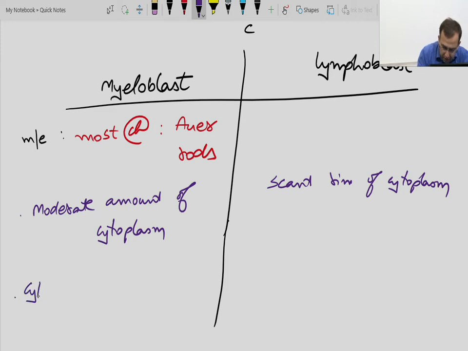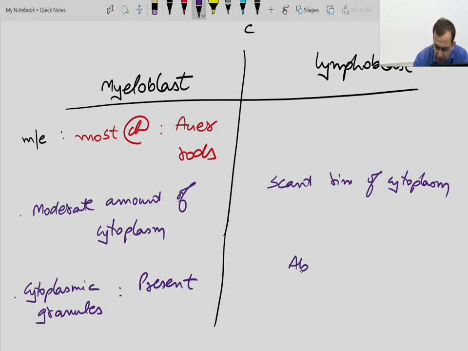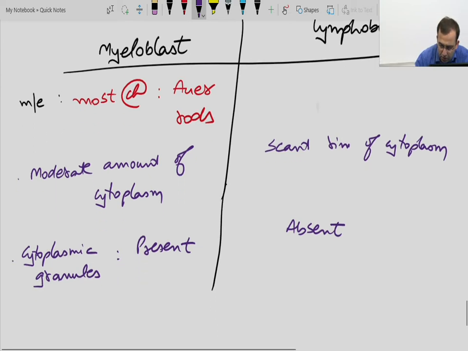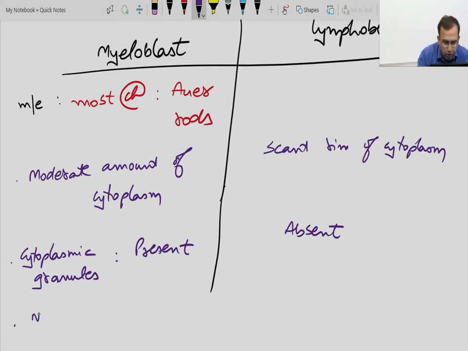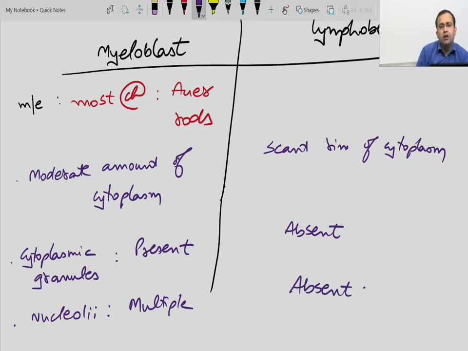Next point, cytoplasmic granules. They are present in myeloblasts because the cytoplasm is more, versus lymphoblasts where they are absent. Last point, nucleoli. Myeloblasts have multiple nucleoli which are again absent in lymphoblasts. This is myeloblast versus lymphoblast.